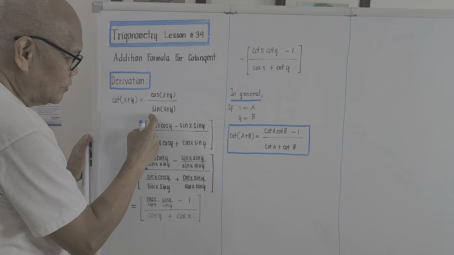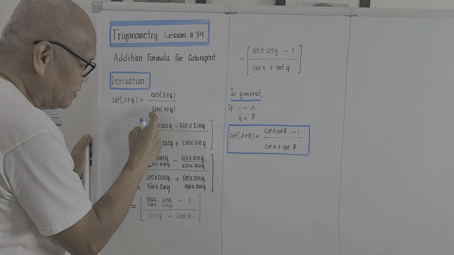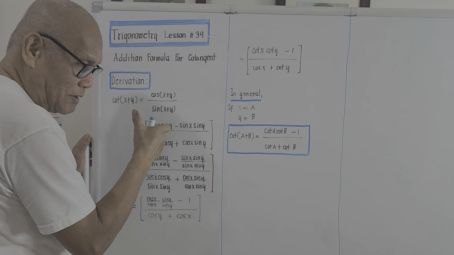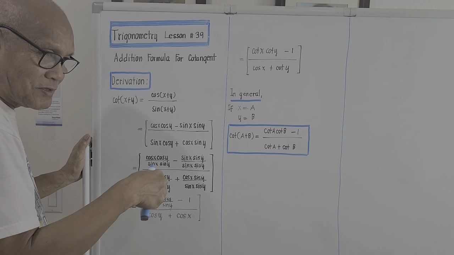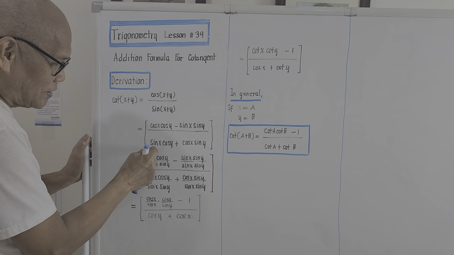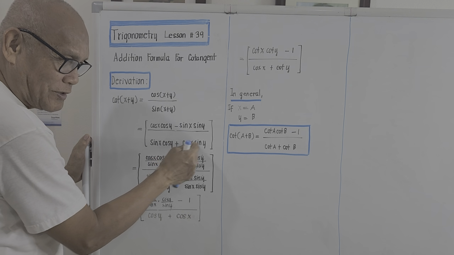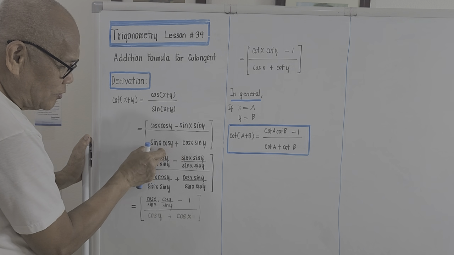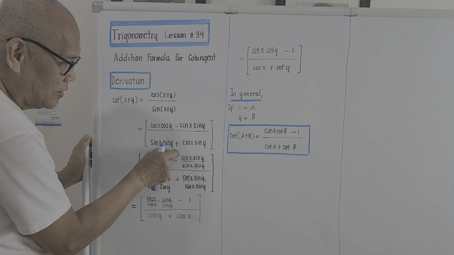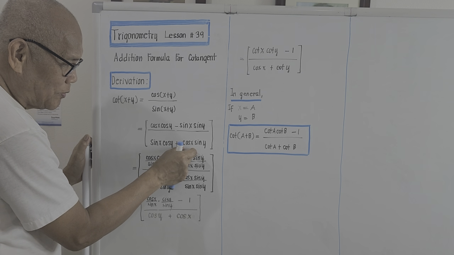For the expansion of a sine of a sum, a sine value of a sum of two angles, it will be sine cosine plus cosine sine. So this is actually sine cosine, cosine sine. If this is plus, this should be plus. So sine of the first angle, cosine of the second angle, plus the cosine of the first angle, sine of the second angle.